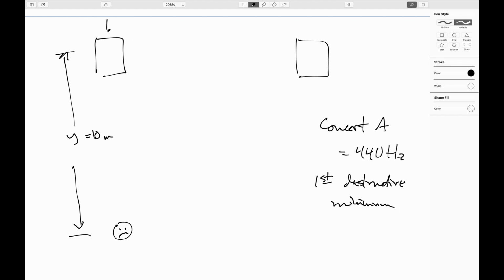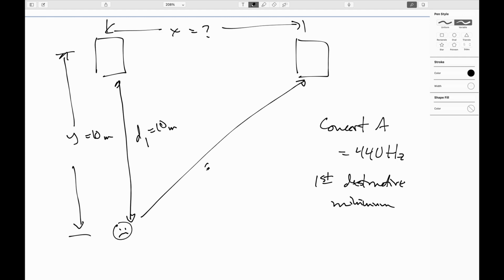And then let's figure out how far apart these speakers are to have created such a horrendous misfortune for you. Okay, so this distance here, from here to here, that's going to be our D1, which was our 10 meters.